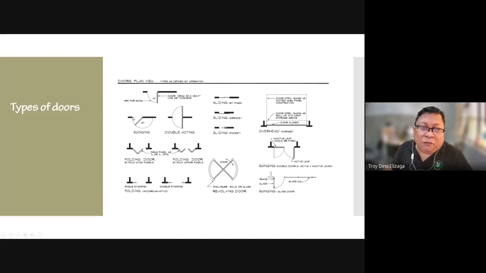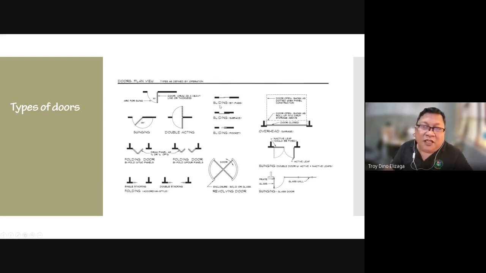If it opens full swing, it's like this. If it's double acting, it also swings the other direction. You can show it like this. This is shown in hidden line, the other side. And if it's a folding door, it's shown like this, if it folds only on one side or it folds on two sides. And then a folding accordion is like this, on one side or two sides.